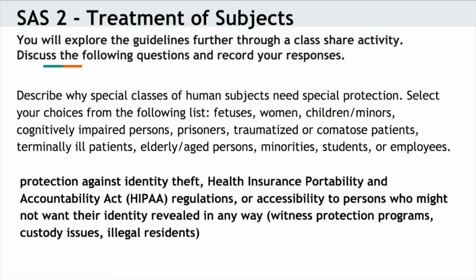Now, prisoners, they don't have the same freedoms we do. They may think cognitively that if they don't do this survey or they don't do this experiment, they might get penalized for it. So that's the issue right there. Prisoners are not good subjects to use as participants in a research study. Traumatized or comatose patients.